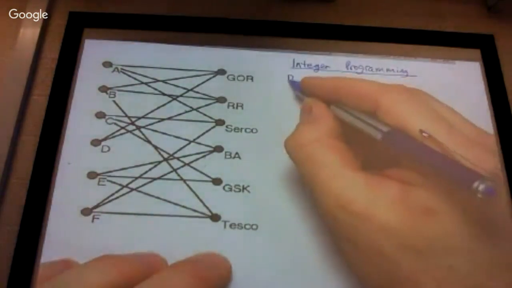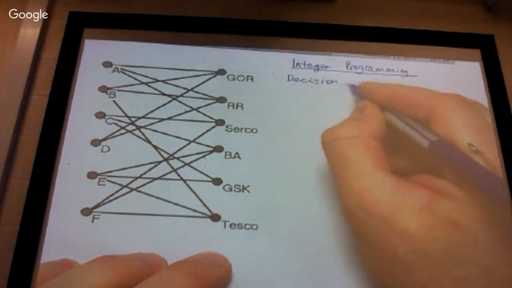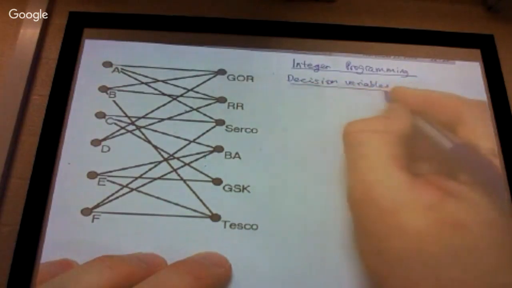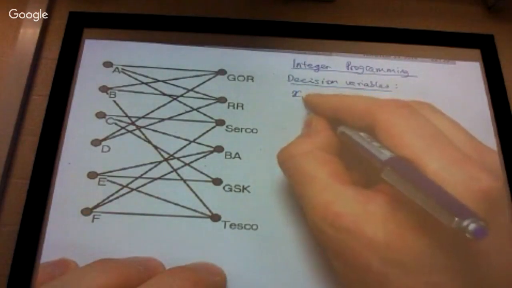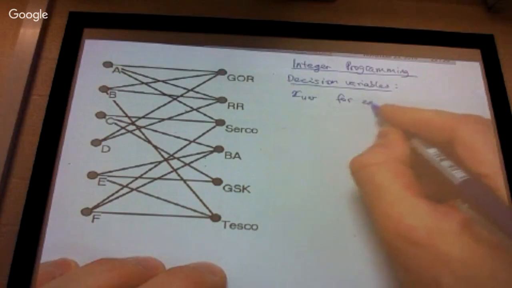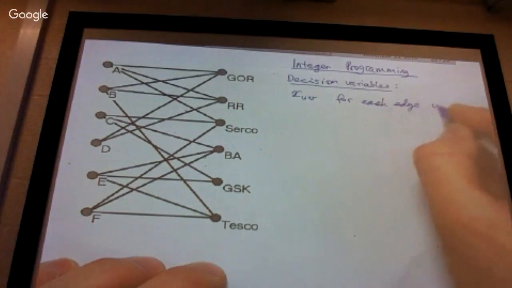But let's write a formulation that just fits this. So we'll have a decision variable x_uv for each edge from u to v.